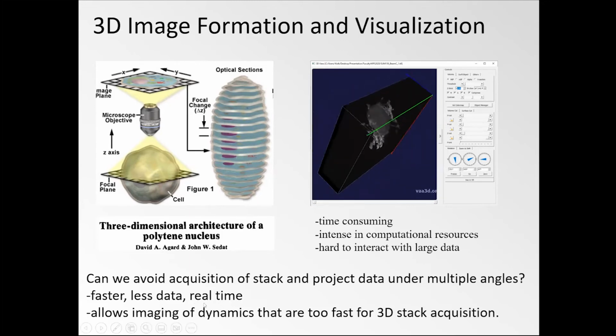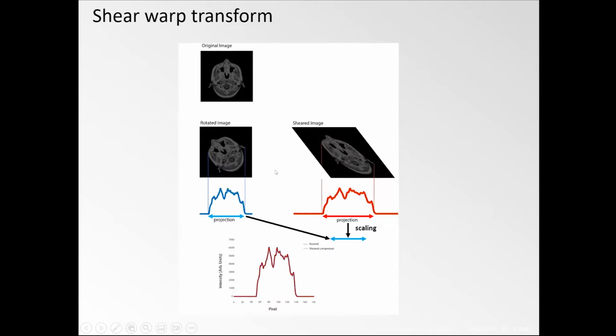And if something were to happen really fast, where we couldn't acquire an entire stack, we could at least look at it in the projection. And this is how it works. We essentially rediscovered what is called the shear warp transform: if you take this image, rotate it and project it, you actually get the same thing, up to a scaling factor, as if you were to shear that image and project it.